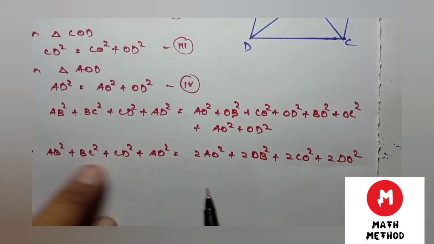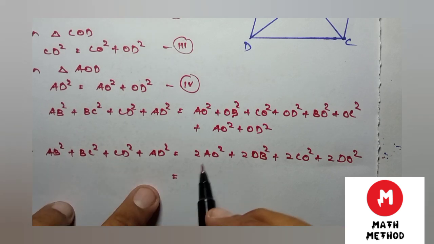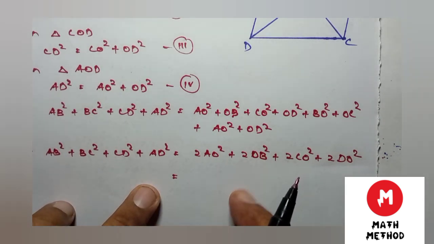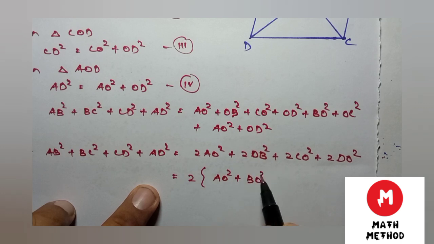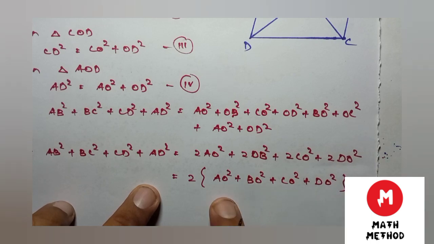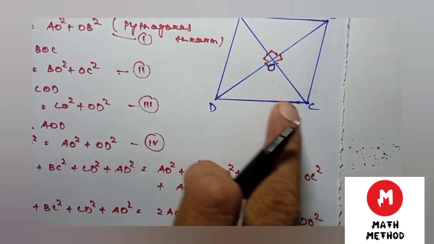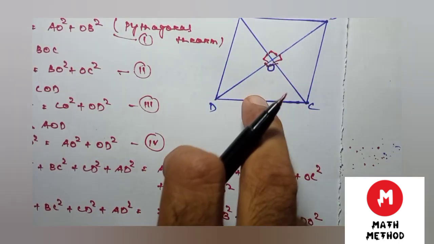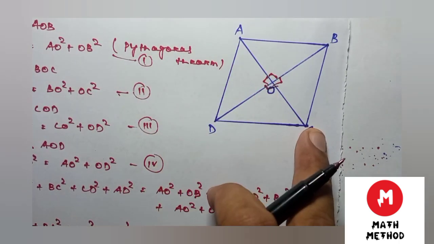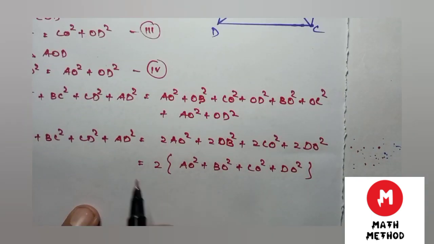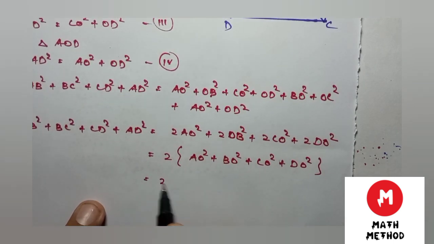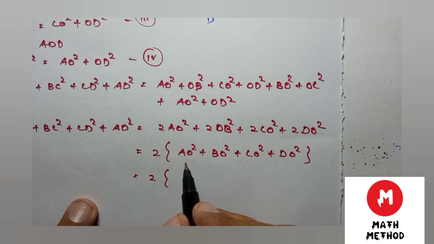So this is equal to, if we take 2 common, 2 into AO square plus BO square plus CO square plus DO square. We know that the diagonals intersect and also bisect each other. So here AO is equal to OC and BO is equal to OD.